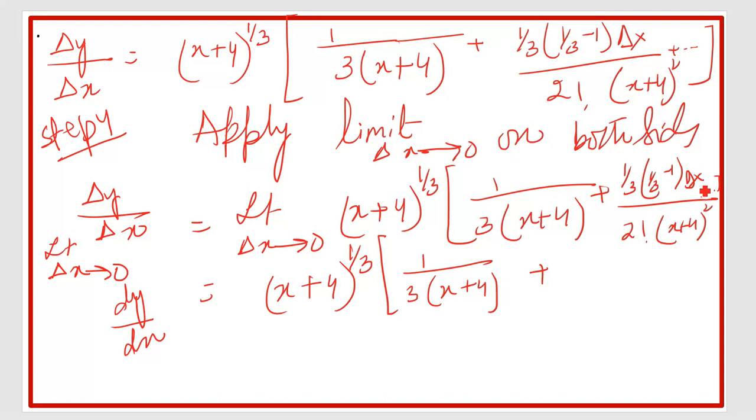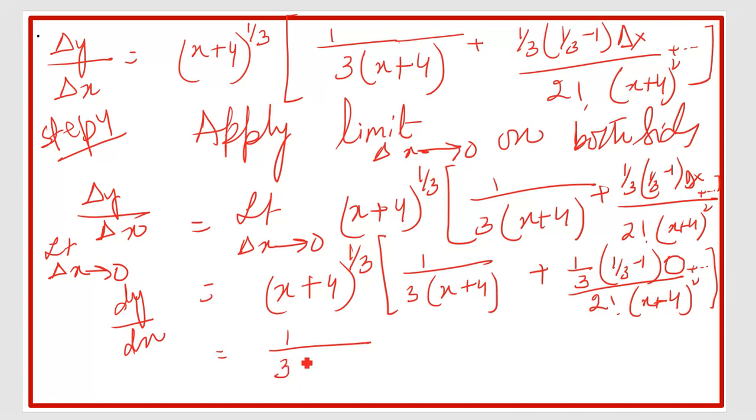But here we have delta x. If you want, I can do one more step for you so it will be more clear. Otherwise we can do it directly, it will be 0 instead of delta x. So this whole term will be 0. Now what is left? We have 1 over 3 because these are multiplying each other.